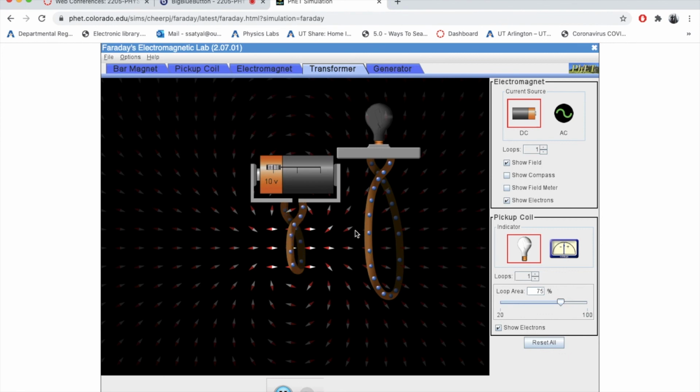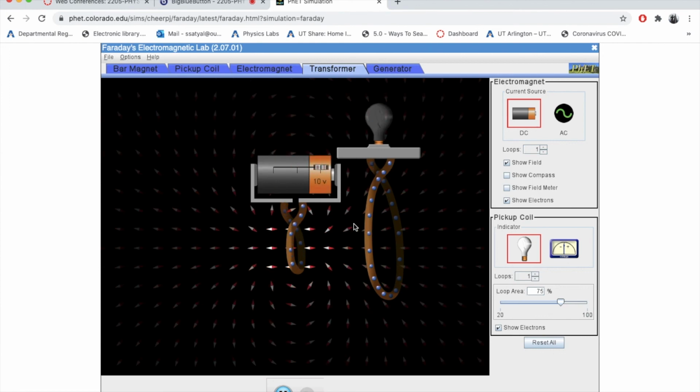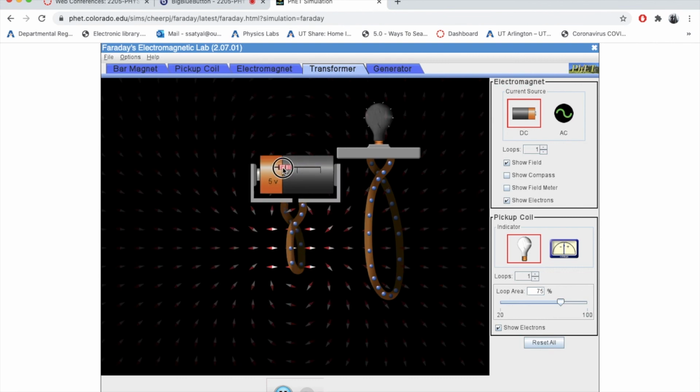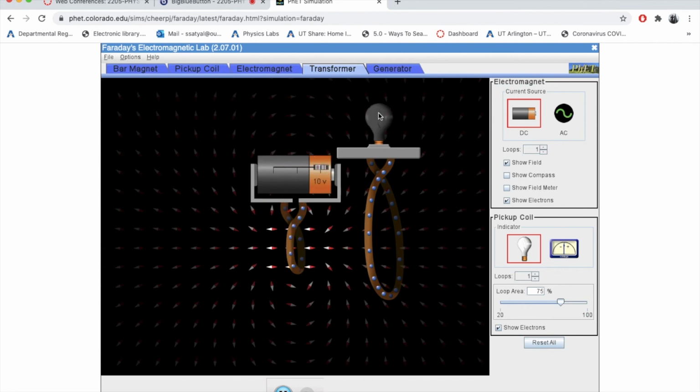So here you see the magnetic field is going towards the left, because that's the North Pole here. And the next instant, the magnetic field is going outward. So the strength of the magnetic field changes in the loop when I am changing the polarity. And so in that instant, I see a little flicker in the light bulb.